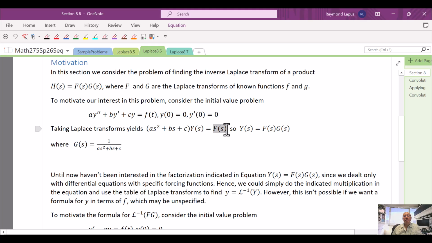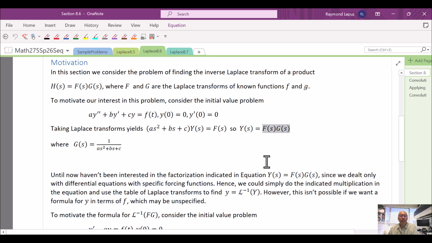And then on the other side it's just F(s). So if you solve for Y, it is F(s) divided by this polynomial, or you can write it as G(s) written as a fraction.